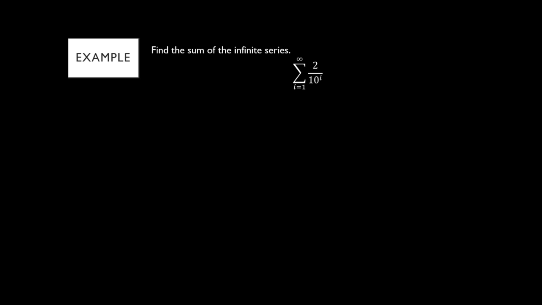So let's first do one term. If we're only counting to 1, we're doing the sum of the first term, i equals 1. We would have 2 over 10 to the first power, 2/10, which I'm going to just write as a decimal for ease. It's 0.2.